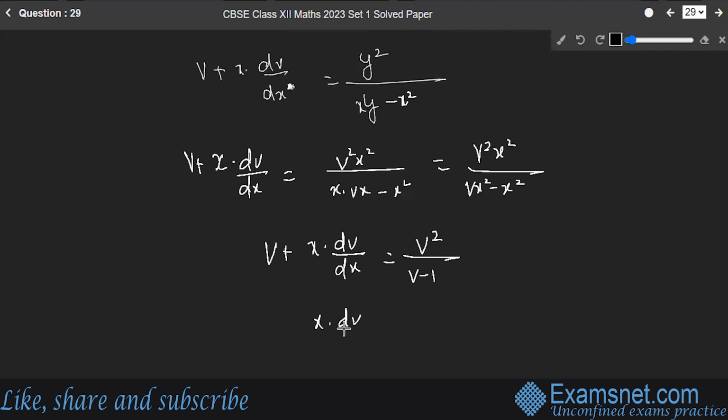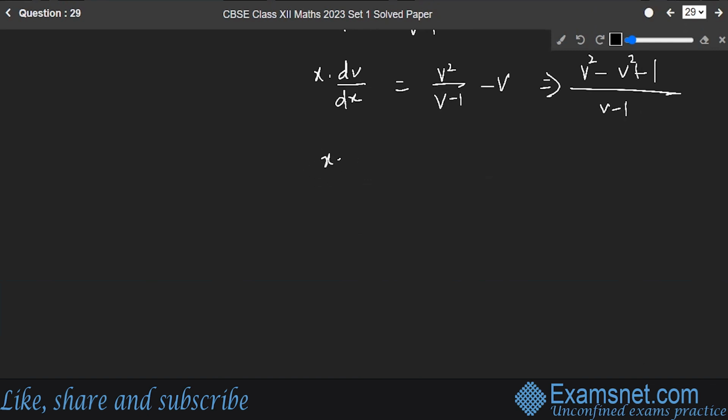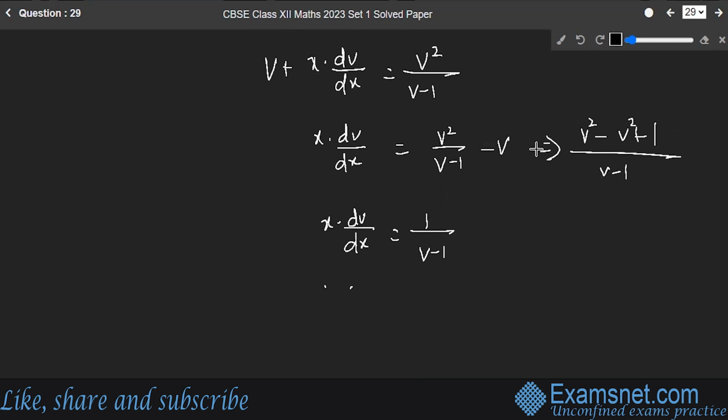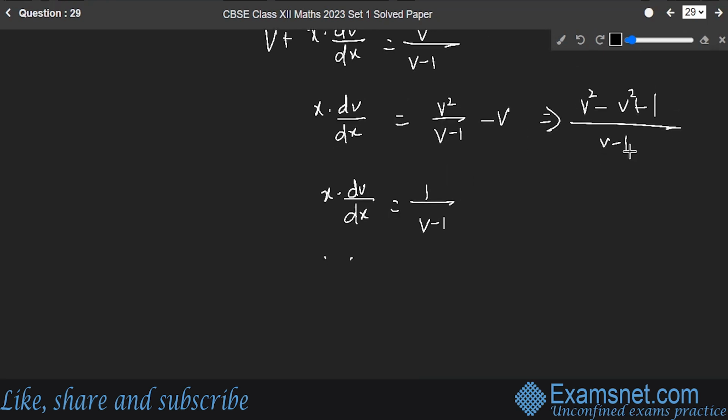So next, x into dv by dx is equal to v square upon v minus 1 minus v, which is equal to v square minus v square plus v upon v minus 1, or x dv by dx is equal to v upon v minus 1. Correct?